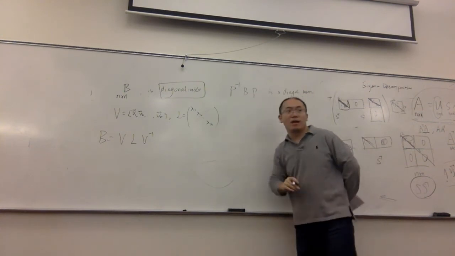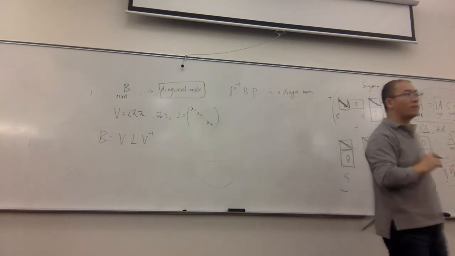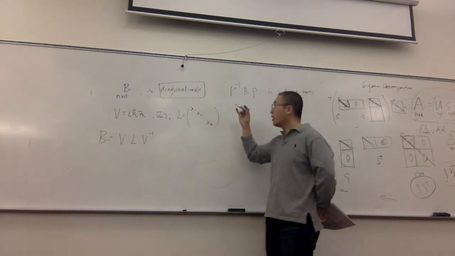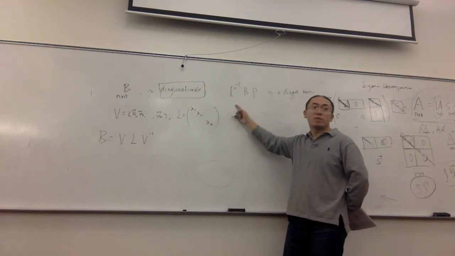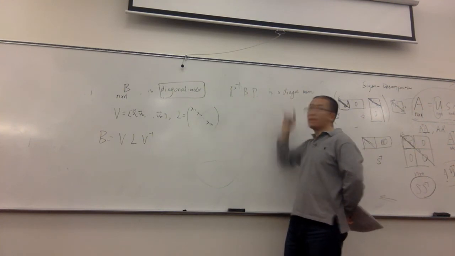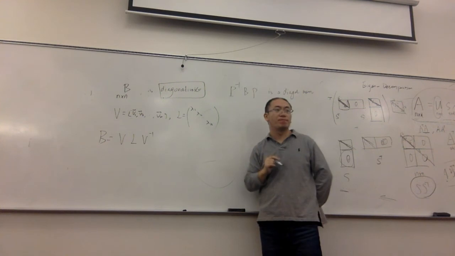Then B is called diagonalizable. Basically, if there exists an invertible matrix P such that P inverse B P is diagonal, this is called diagonalizable.